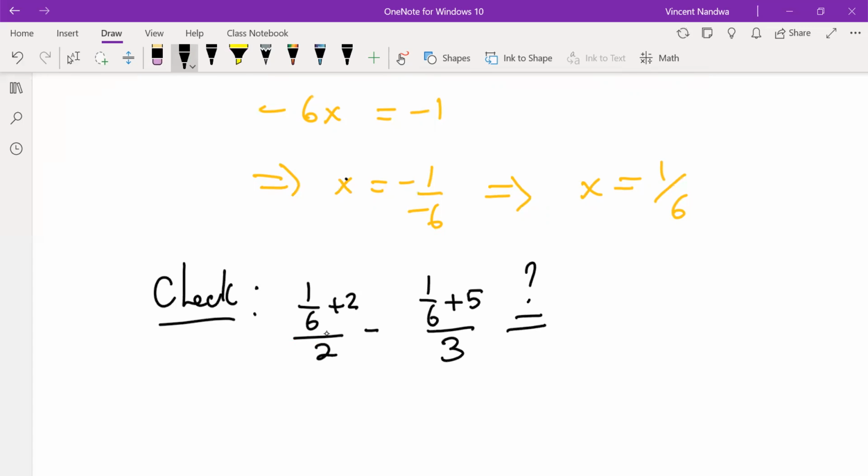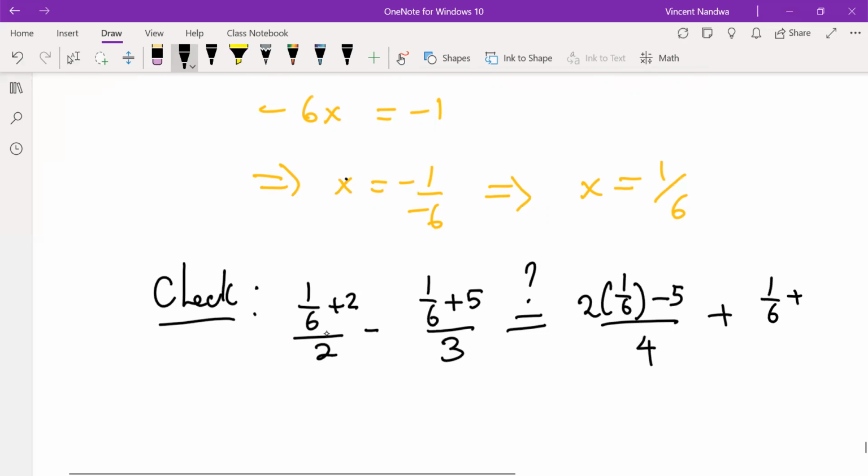We check whether it is the same as 2 times 1 over 6 minus 5 divided by 4 plus (1 over 6 plus 3) divided by 6. Now 1 over 6 plus 2 gives you 13 over 6, and 1 over 6 plus 5 gives us 31 over 6.